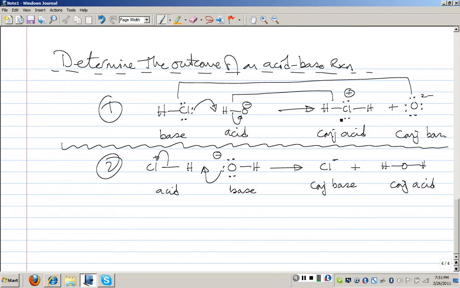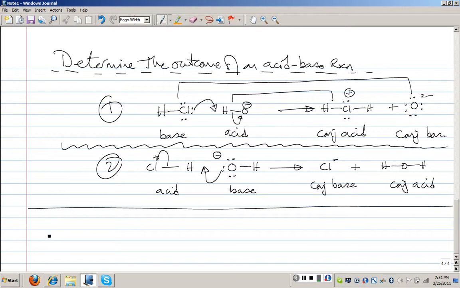In other words, is HCl a stronger or weaker base than oxide? Or is hydroxide a stronger or weaker acid than H2Cl plus? So let's ask both questions. Which is the stronger base, HCl or O2 minus?